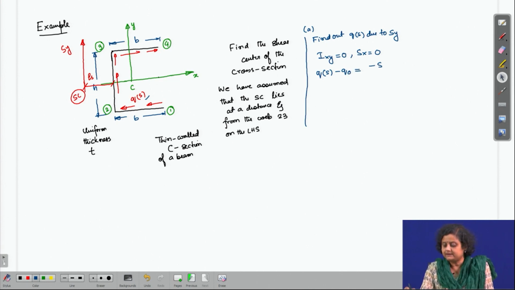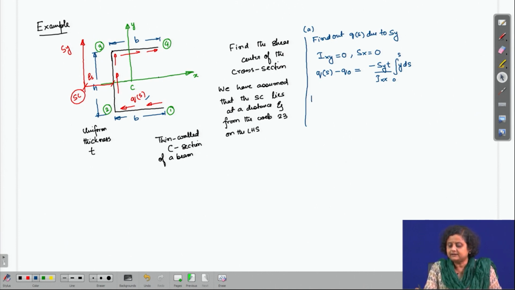It can be written as Sy by Ixx into the integral of t y ds, where the integral varies from 0 to s. So, this is going to be the expression for Qs under the condition of symmetry and under the condition that Sx is equal to 0.